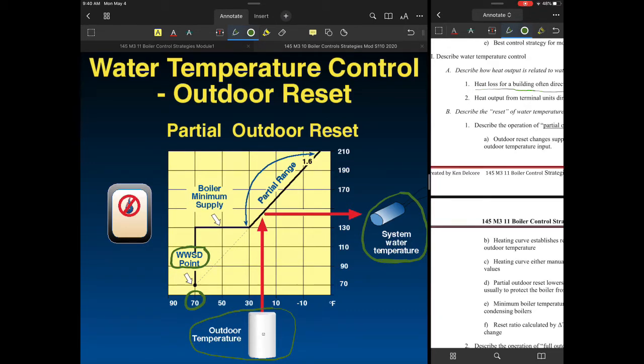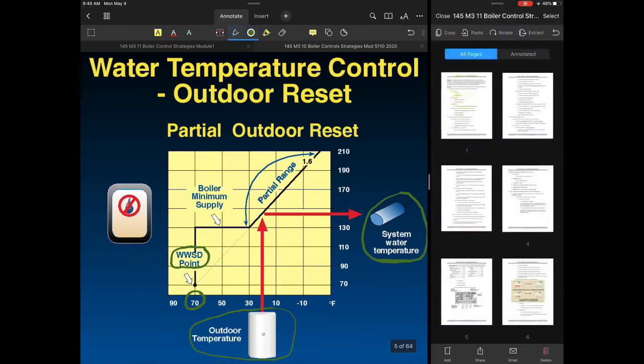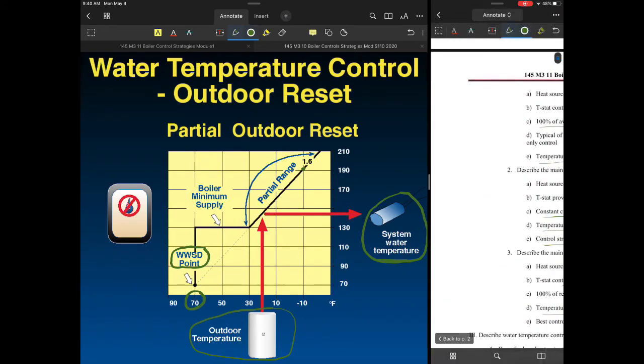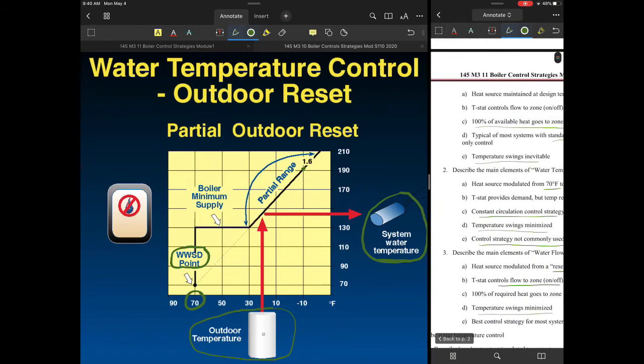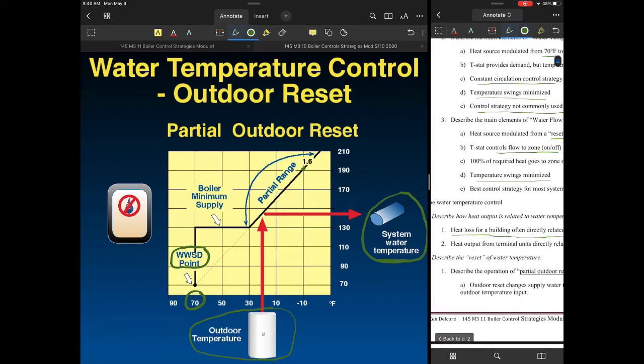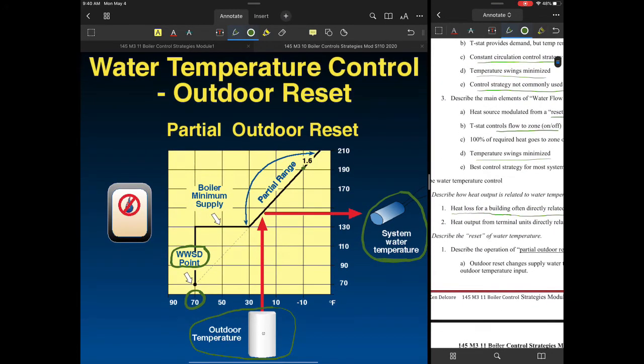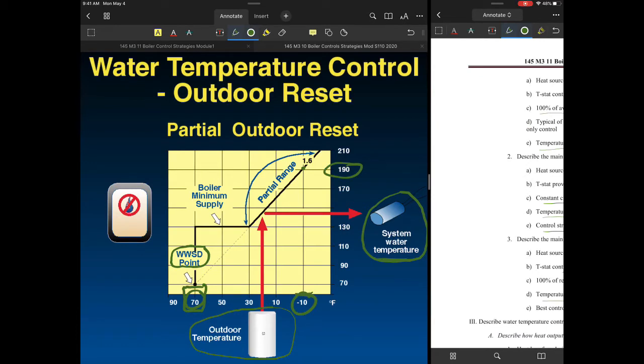As we look at this whole curve, we identify our warm weather shutdown point as a programmable function within your controls. There will be kind of this curve, and you'll also identify what you feel is the max temp. So let's say my outside design is at -10, and at -10 maybe we determine that the max temperature we want is 190 degrees.